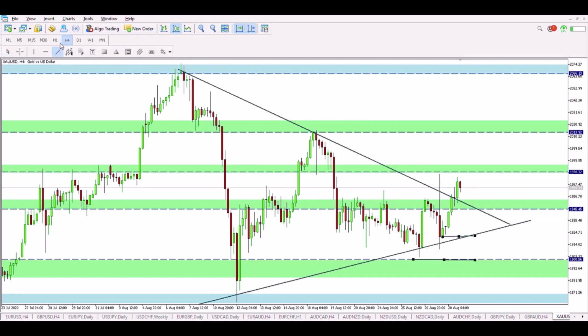Now my profit target is right here, so I'm targeting this level, and if I take a profit on this will be my profit, and this will be my risk.